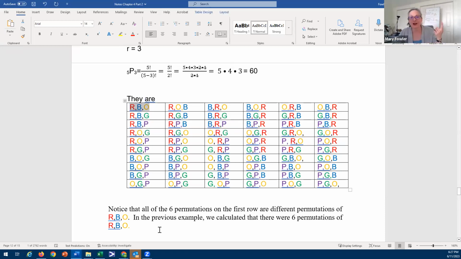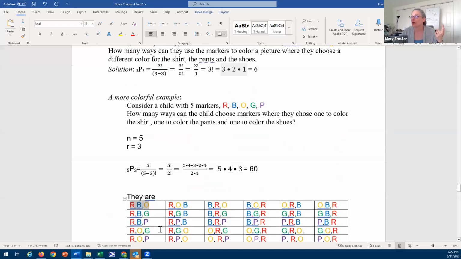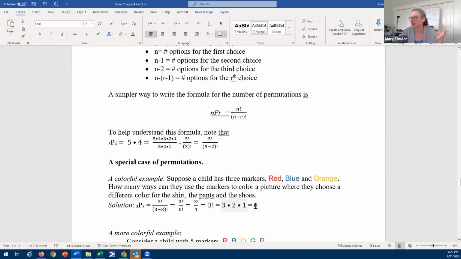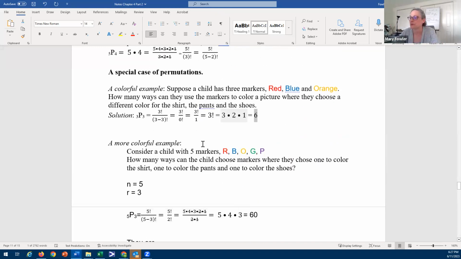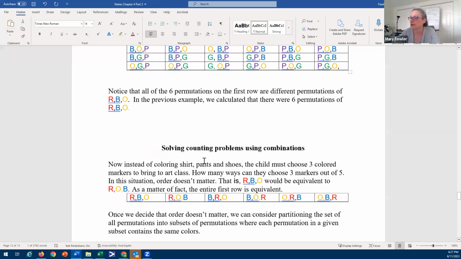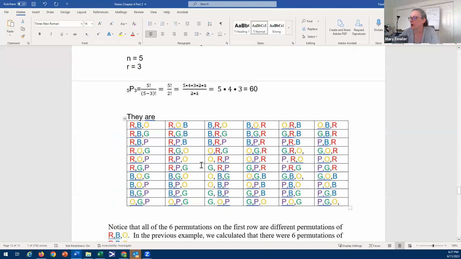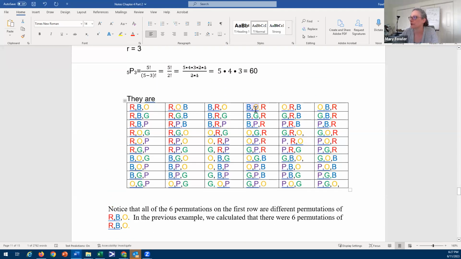Now, in the previous colorful example, we showed that there should be 6 ways of taking red, blue, and orange and rearranging them, right? So 6 permutations, it's 3 permute 3, 3P3. And that is why there are 6 ways of taking those 3 colors and permuting them into different arrangements.